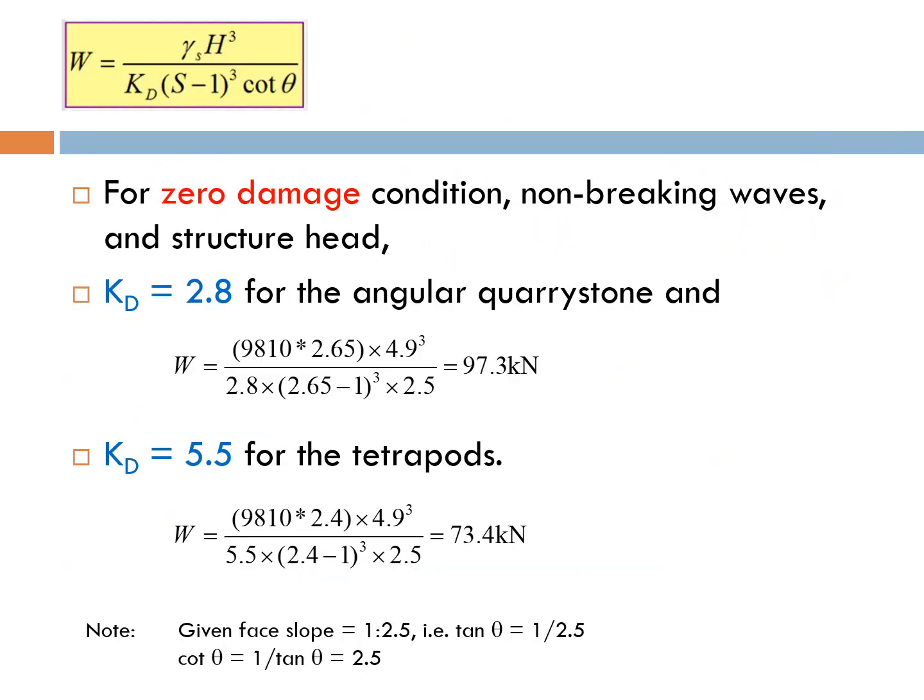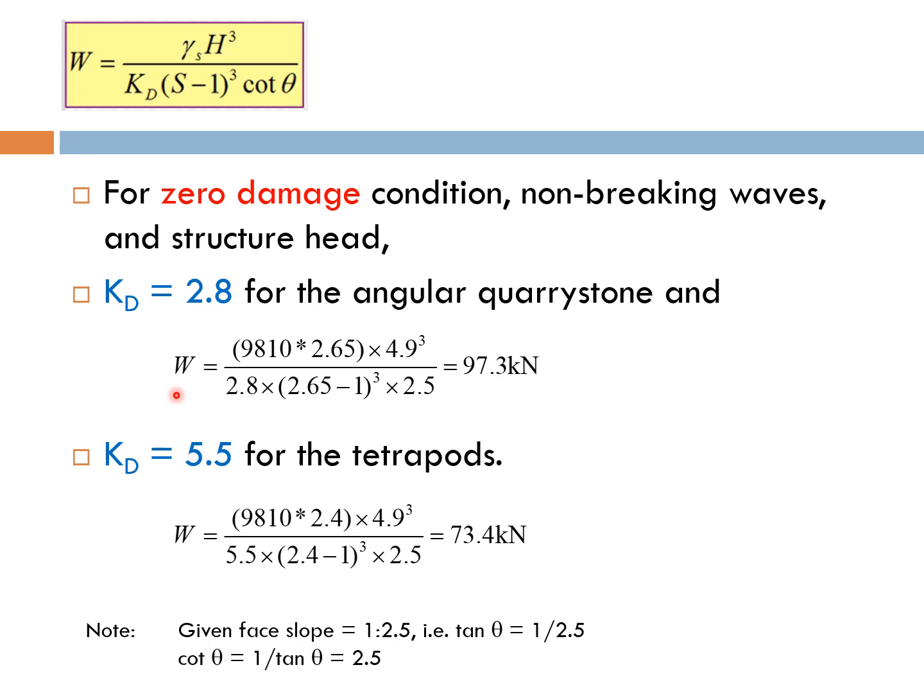We're now ready to apply the Hudson's equation. We will first consider the zero damage condition with non-breaking waves for the structure head. We will be considering both angular quarry stone and tetrapods. The stability coefficient for each of these armor units are obtained from the table presented previously.